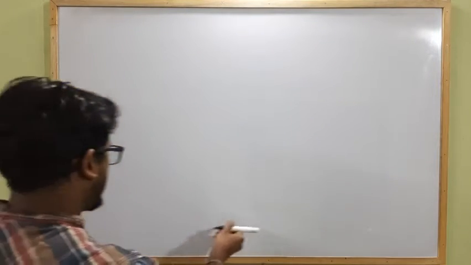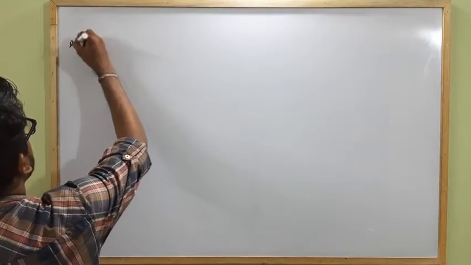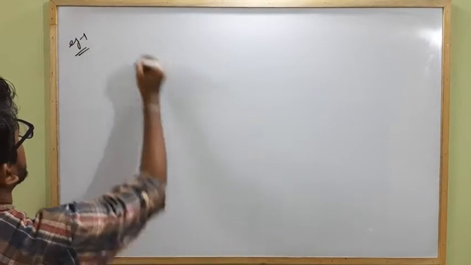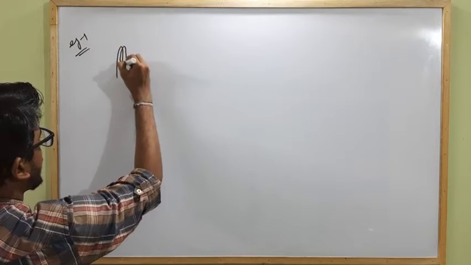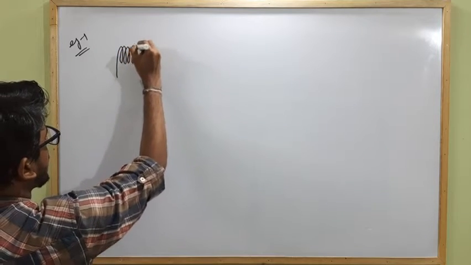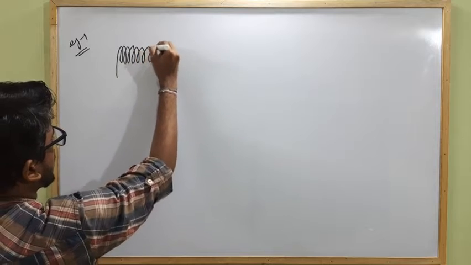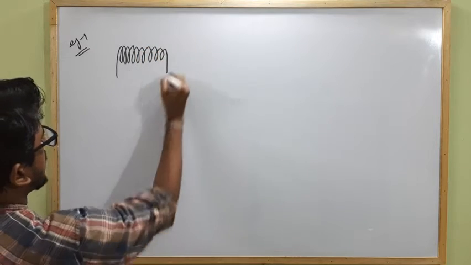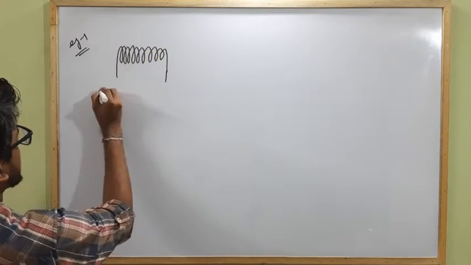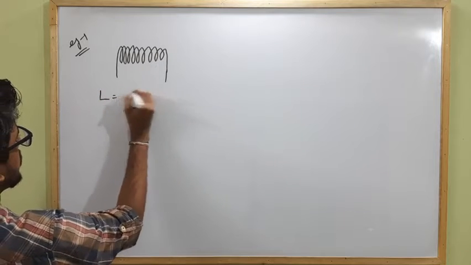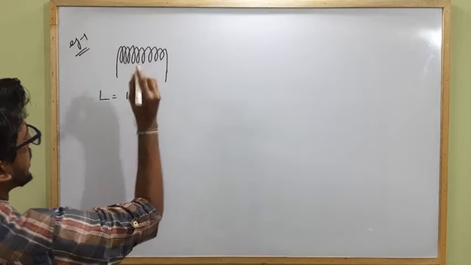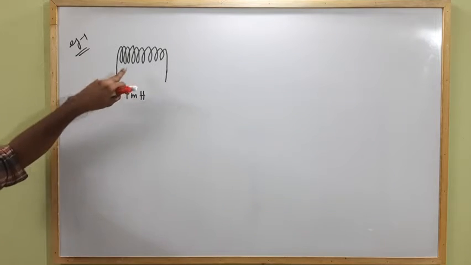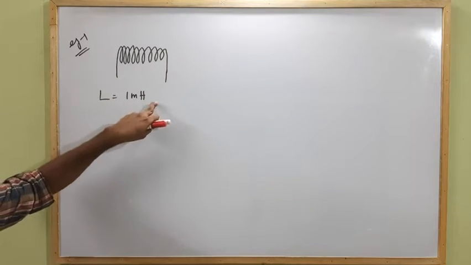So the first example. There is an inductor having self-inductance L equal to 1 millihenry. Okay, the self-inductance of this inductor is 1 millihenry.